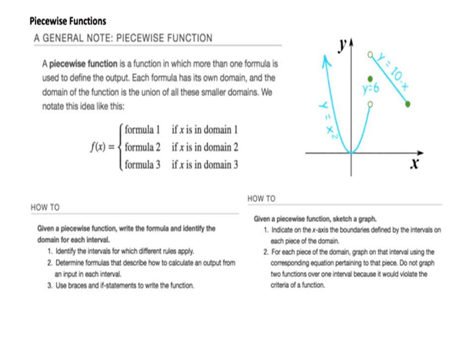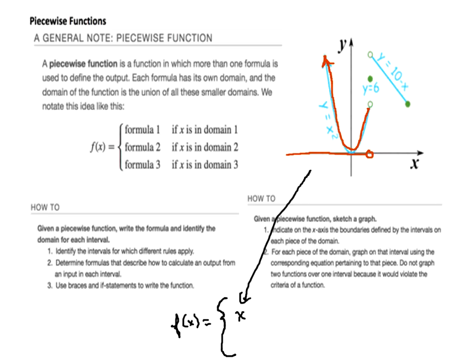You can see that in your domain from negative infinity up to, but not including 6, you're going to be using the piece of the function that is x squared. So if I were going to write the function for this piecewise here, it would be f of x is equal to, well, I'm going to have 3 pieces. You can see I've got 3 different functions happening there.